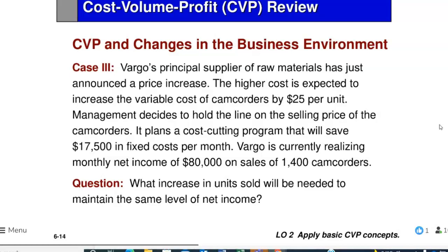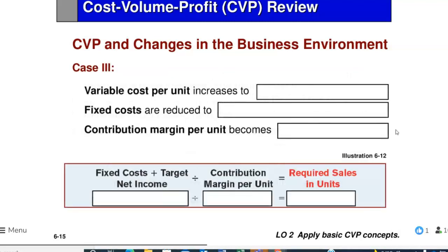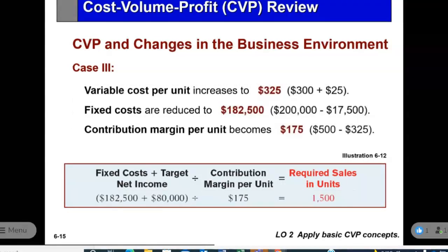The variable cost increases from 300 to 325. The fixed costs go from 200,000 down 17,500, and we have a target net income of 80,000. So then we have to figure out what number of camcorders will be needed to get the same income. So once we do that, here are the totals.